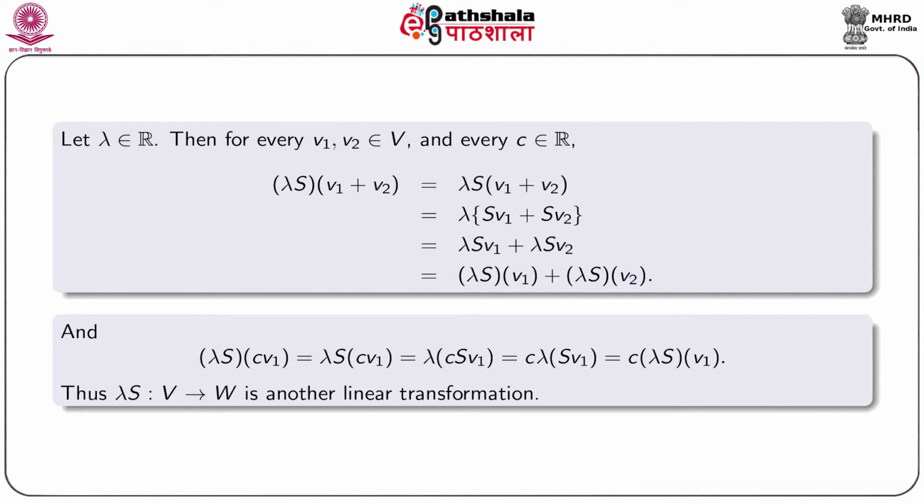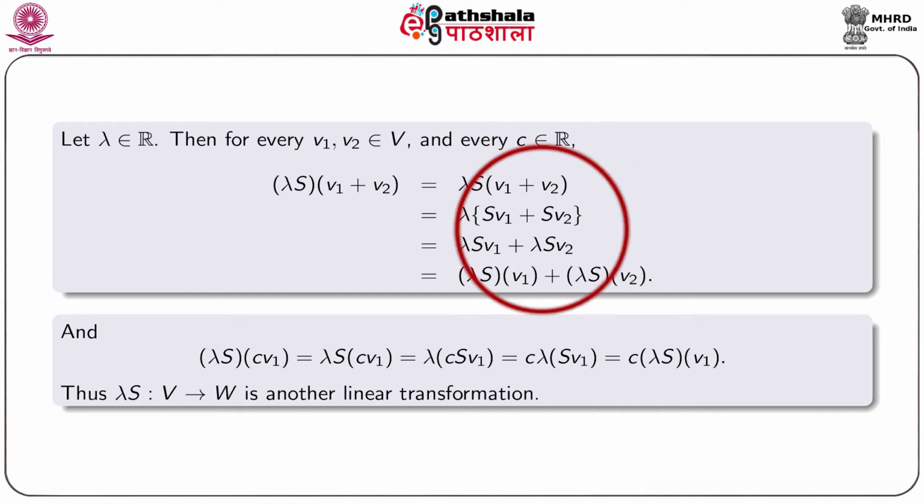Next, let lambda be any real number. We define another map lambda S from V to W, again by pointwise principle. Now, for every pair of vectors V1 and V2 from V and every real number C, we find the following.